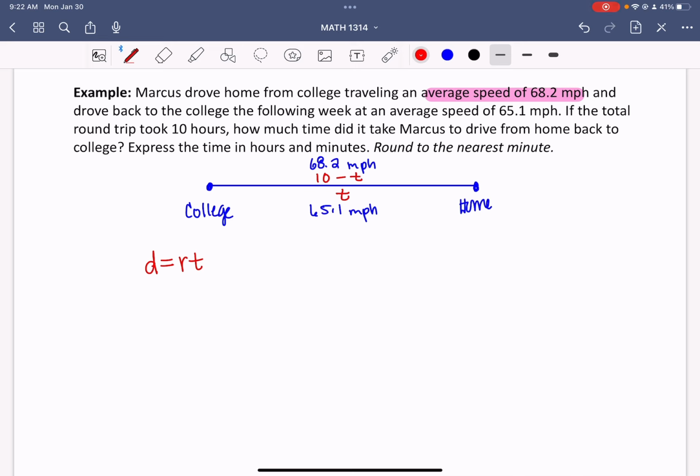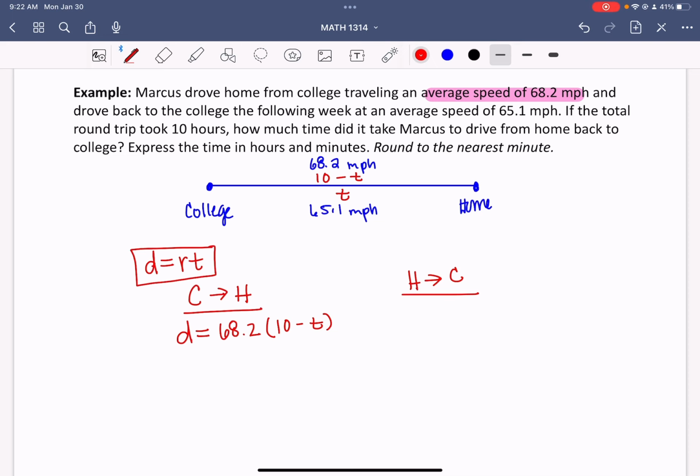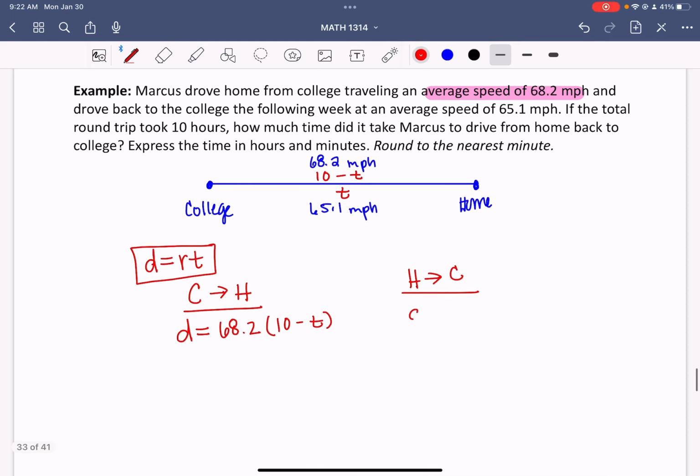From college to home, the distance is equal to our rate, 68.2, times our time, which was 10 hours minus T. From home to college, again using distance equals rate times time, our distance is equal to our rate of 65.1 times our time, which we called T.